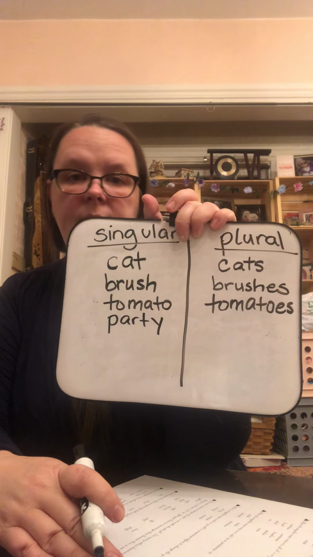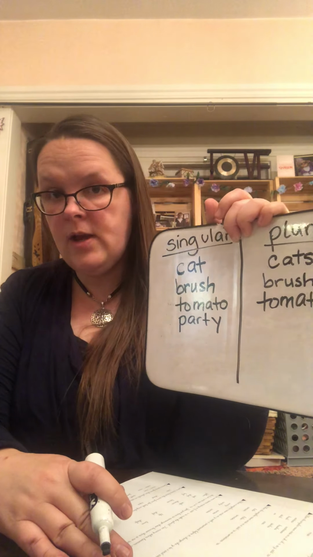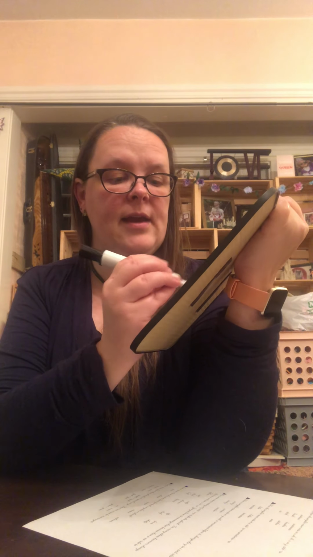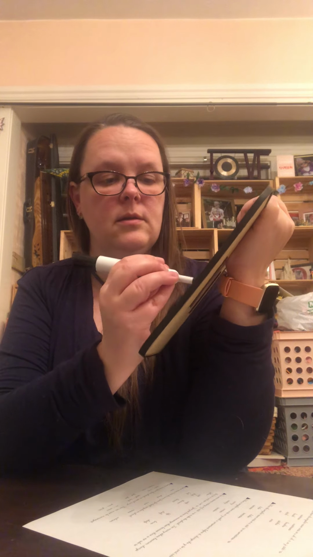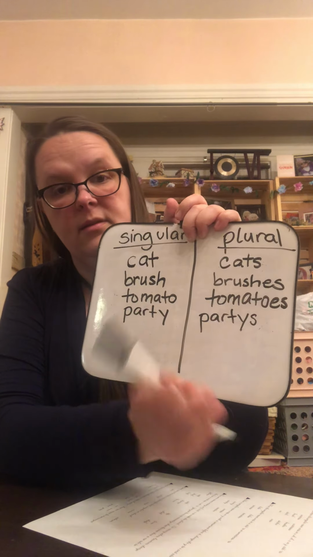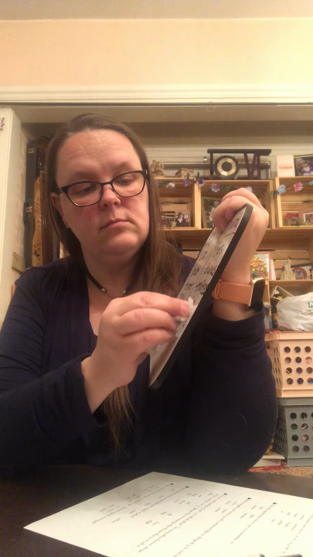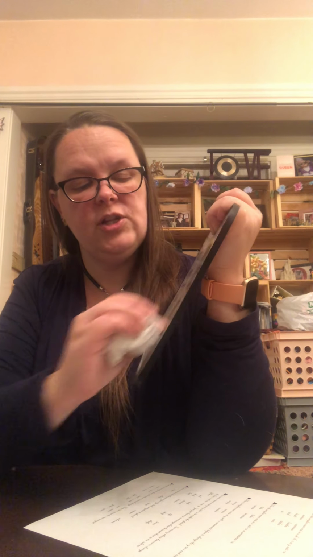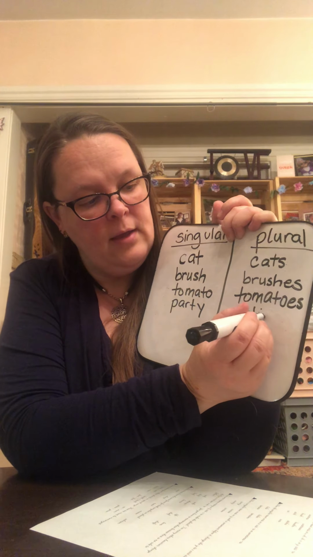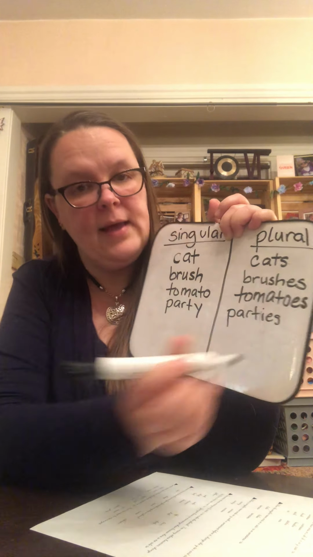I went to a party. But if I went to a whole bunch of parties, I would actually make a change here. Instead of just adding an S, like that is wrong. I'm actually going to change that Y into an IES.